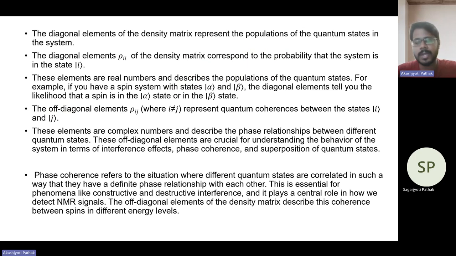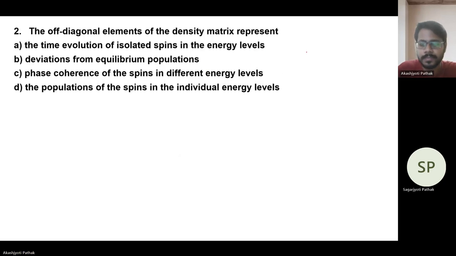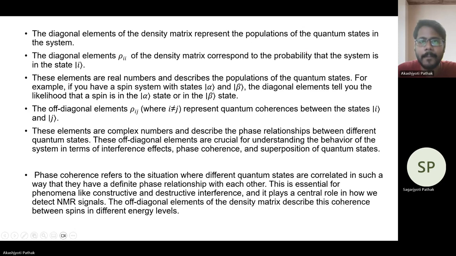Now, as I was saying, what do the diagonal elements and the off diagonal elements represent? So in the matrix, as you were seeing, these are the diagonal elements.